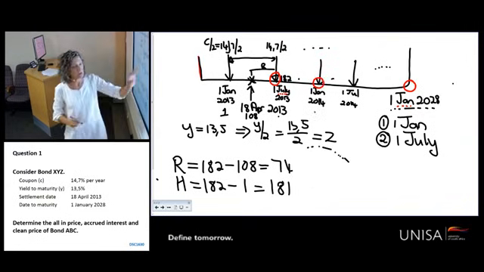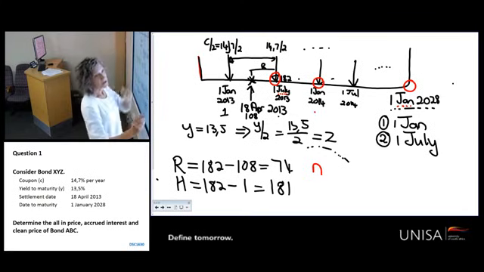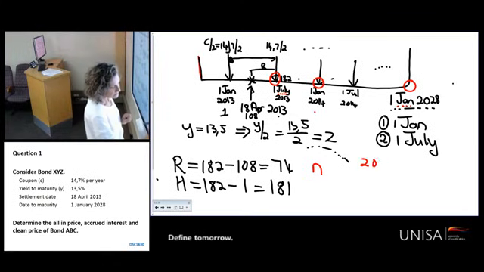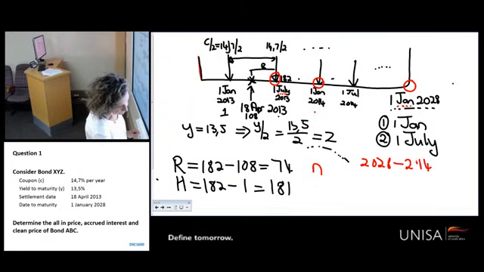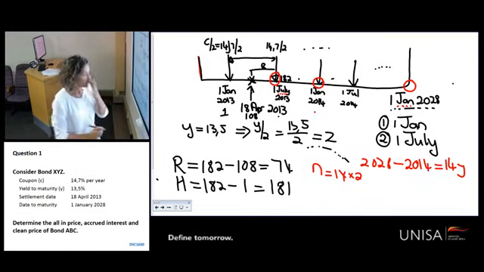Now my January and January is the same. So to calculate N, we work firstly with the years. So I would say 2028 minus 2014 gives me 14 years. But I want N, which is half years. So it's 14 times 2, right, which gives me 28.